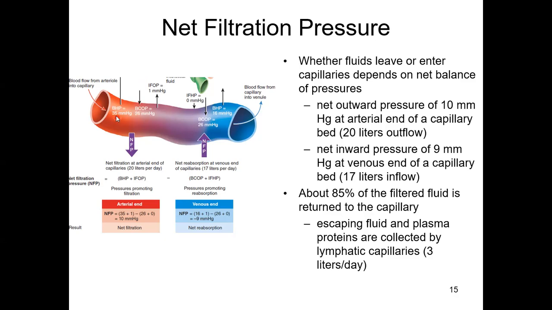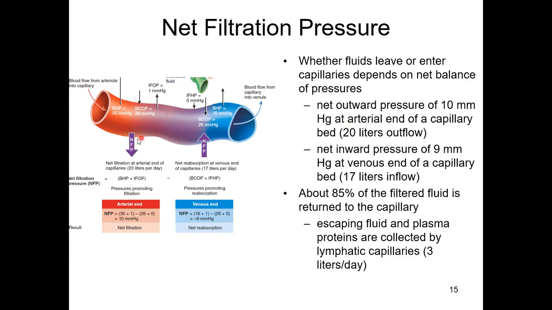When you look at the arterial end of this capillary bed, the blood hydrostatic pressure is larger than blood colloid osmotic pressure. And so this 10 millimeters of mercury of net outward pressure is going to drive filtration.